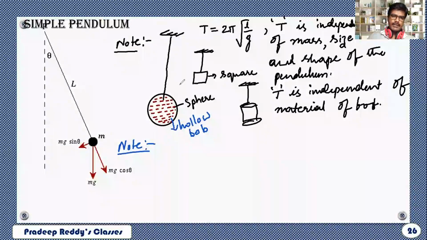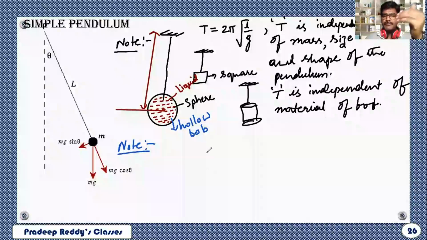This is some liquid. You can take it as water or any other liquid. When the bob is completely filled, where is its center of mass? Center of mass is here. So therefore, length of the simple pendulum is from here to here. This is total length of the pendulum.